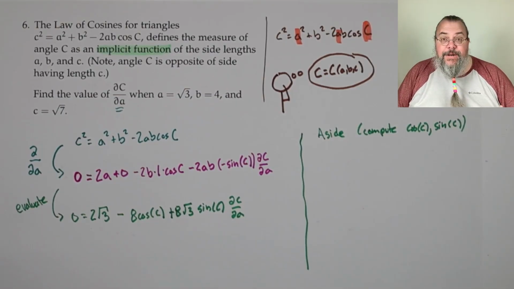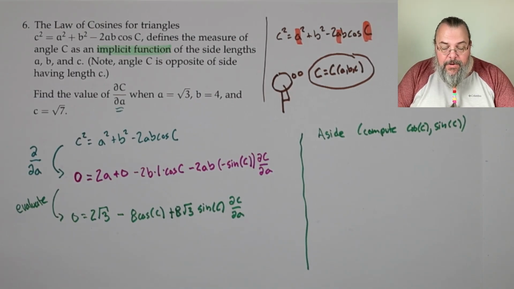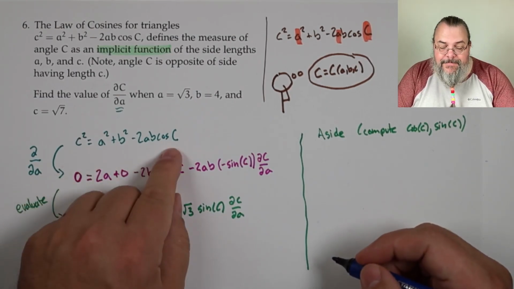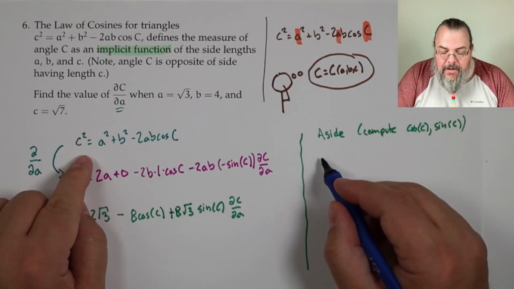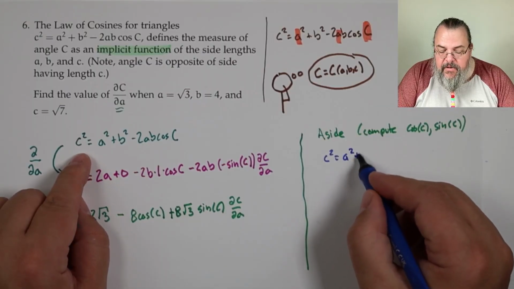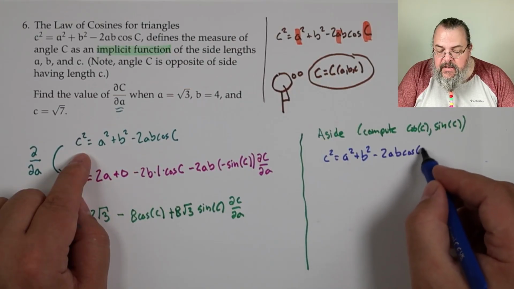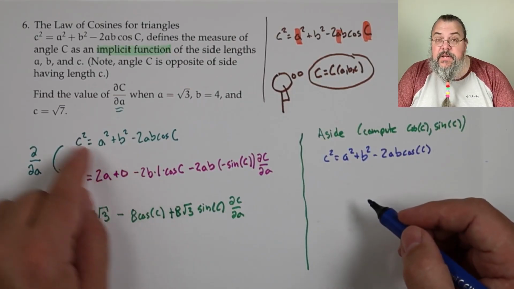All right, so here we go. What can we do? Well, we have our original formula. So we say, okay, we know we have C squared equals A squared plus B squared minus 2AB cosine of C. So we start plugging things in.